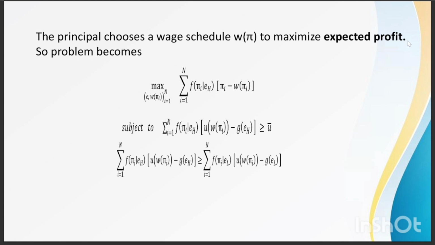The participation constraint is that the agent should be willing to accept the contract, better than the outside option. And the incentive compatibility constraint is that the agent must prefer high effort EH over shirking. These two constraints ensure that the agent accepts the job and actually works hard.